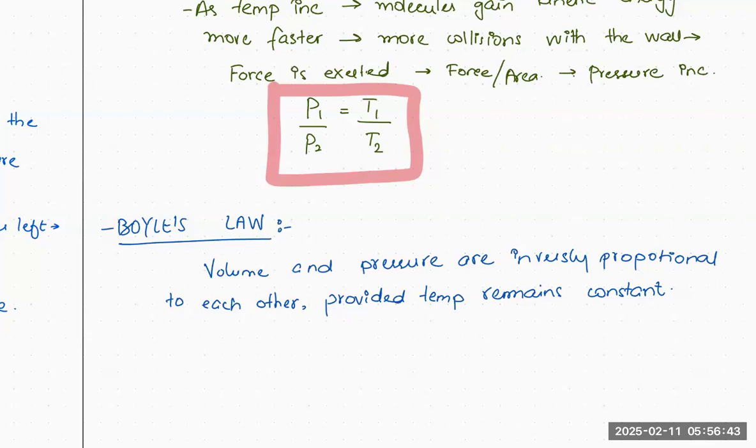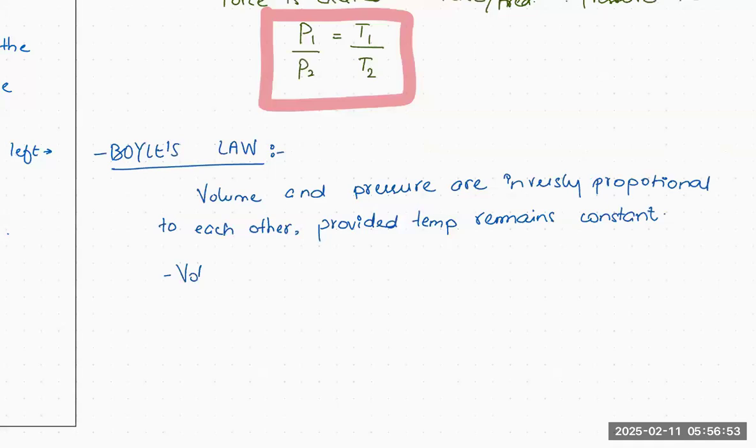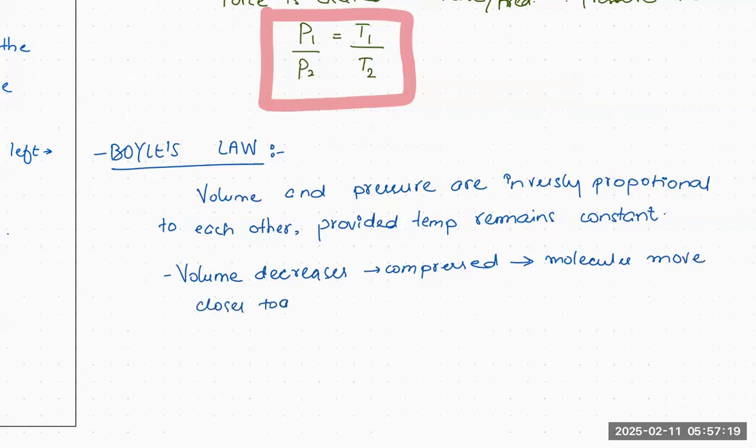So what does this mean? This basically means this. Let's say the volume of the gas decreases. If the volume is decreasing, that means the gas is being compressed. Now what is going to happen? The molecules will come closer together. Since they are now closer together, there will be more collisions with the wall of the container.